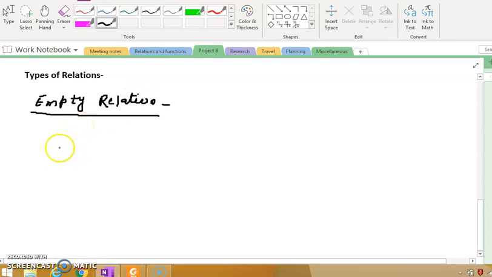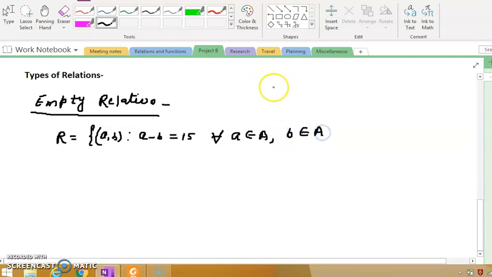So I'm taking a relation (a, b) such that a minus b equals 15, for every a belongs to capital A and b also belongs to A, and A is already given here: 1, 2, 3 and 4.